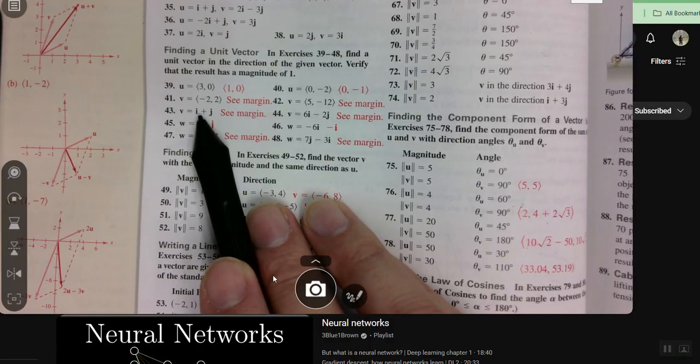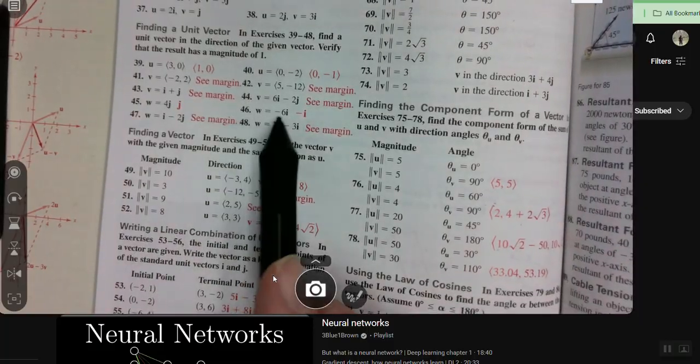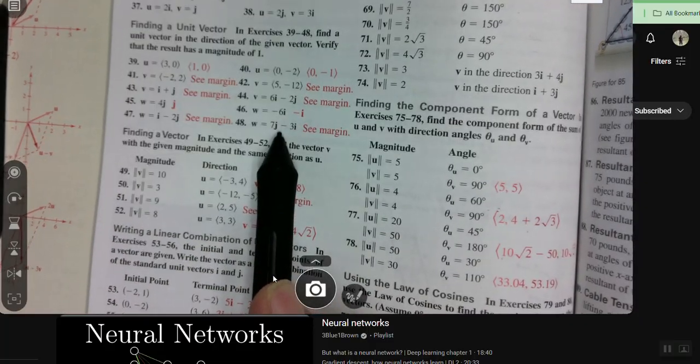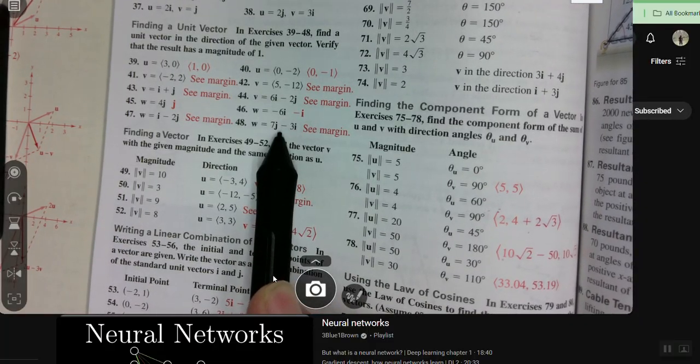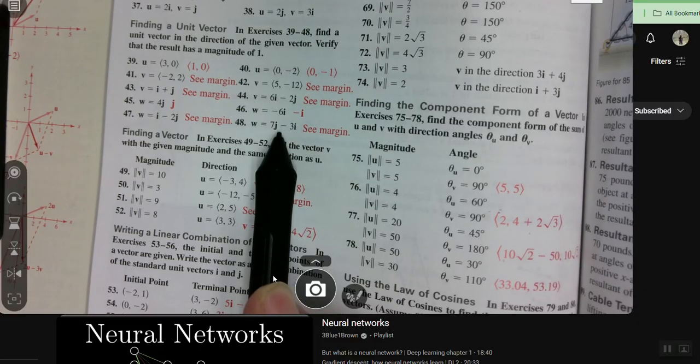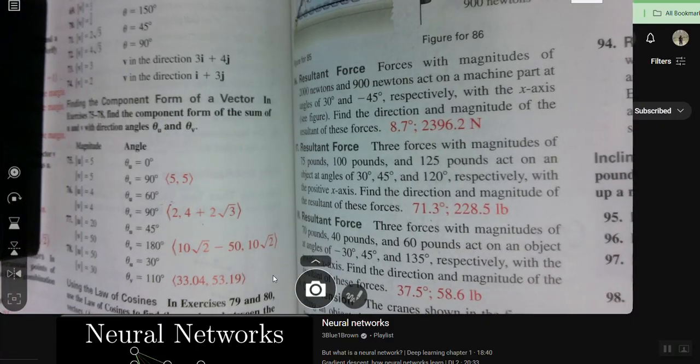This is vector 1, 1. Okay, this vector right here, give it to me in component form. 7, negative 3.